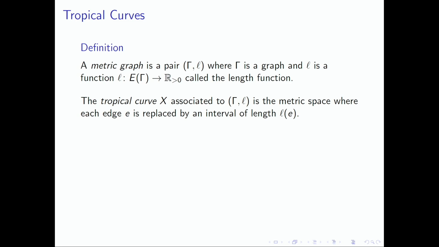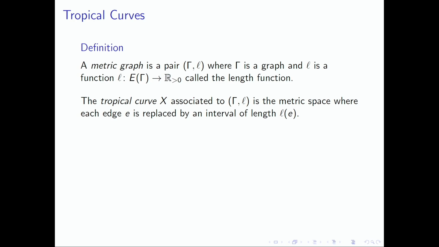So a tropical curve, so first of all, we can introduce the notion of metric graph. So a metric graph is simply a graph with a length function on the edges. So for every edge, we have a positive real number. Sometimes a metric graph is given as the definition of a tropical curve.